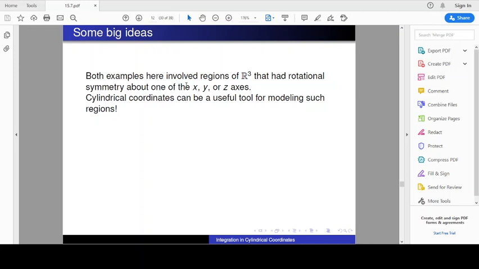If your region has rotational symmetry about some axis in space, then cylindrical coordinates could be a good choice to model that region and do some kind of integral over it. Whichever axis is the axis of symmetry is the coordinate that you let remain itself from rectangular coordinates, and then you take the other two and model that plane together as polar coordinates.